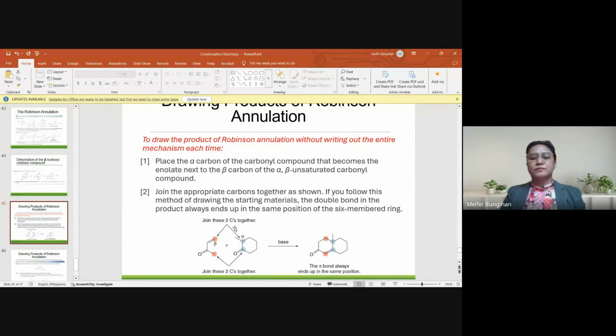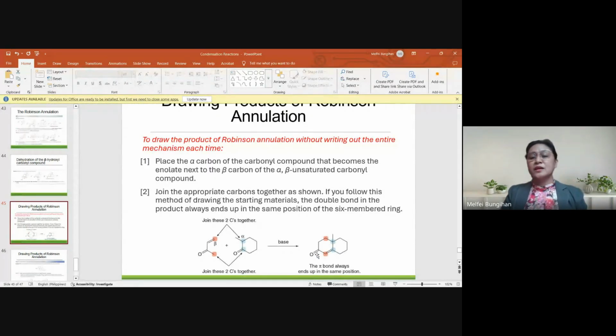So you have to join these two together, and then join the appropriate carbons together, as shown. So this one is also your alpha hydrogen that is reacting with your carbonyl in your, I should say, intramolecular aldol. After joining the first alpha, beta, then you can join the second alpha, beta, and then the dehydration will give you the pi bond. So it always ends up in the same position.